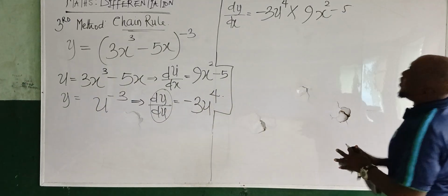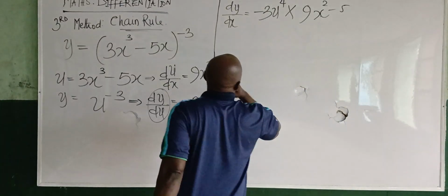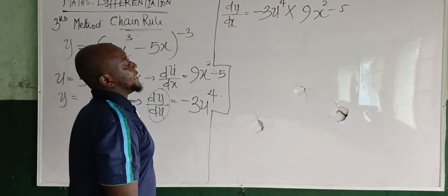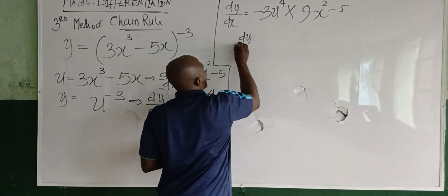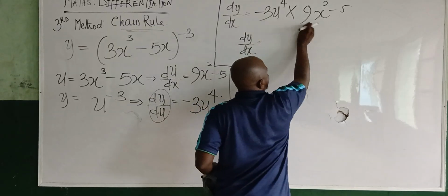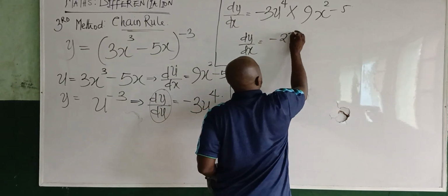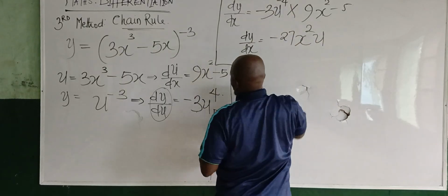So what do we know going further? We are going to open this bracket. Here, we can open the bracket. So what do we do here now? I'll bring down my dy dx here. I'll multiply this. So all of this times 9 first. I'm having minus 27x squared u raised to the, this is minus 4, please.